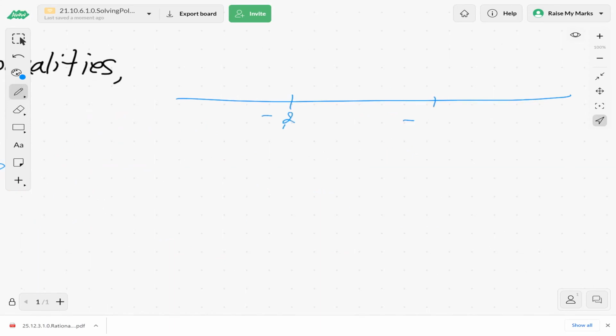Let's put our values, negative 2 and negative 3 over 5, on our real line. And now we have our intervals: x less than or equal to negative 2, x between negative 2 and less than or equal to negative 3 over 5, and x greater than negative 3 over 5. So these are our 3 intervals.